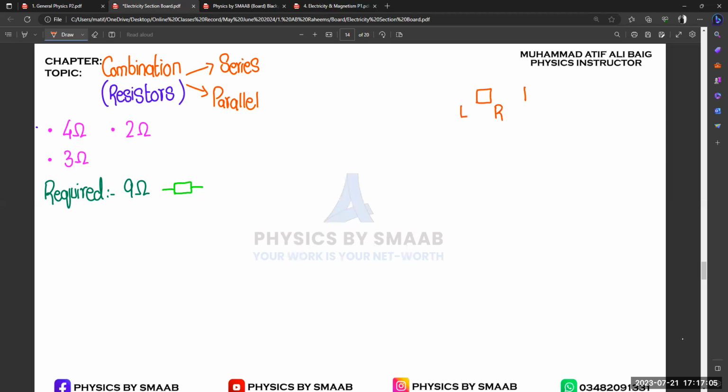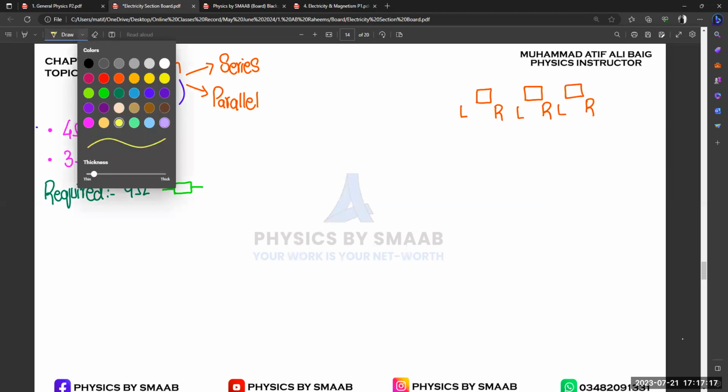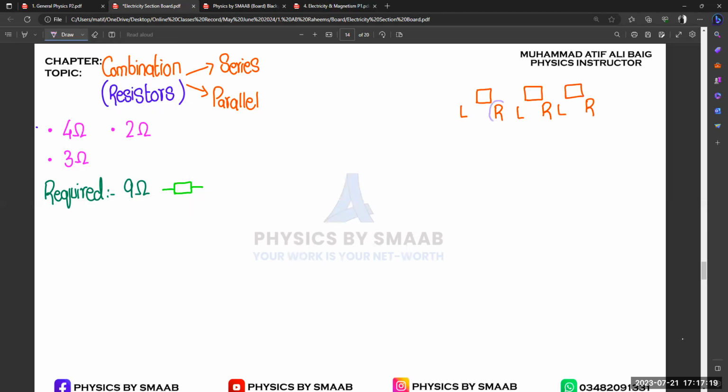Then the second student, again left hand side, right hand side. Then again a student from the next class, left hand side, right hand side. So this makes a right-left combination, right? The right of one student is connected with the left of the second student, and again the right of one student is connected with the left of the next. So this is a type of combination, right-left.